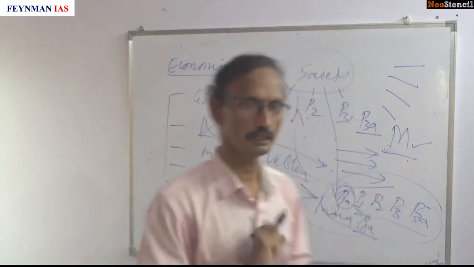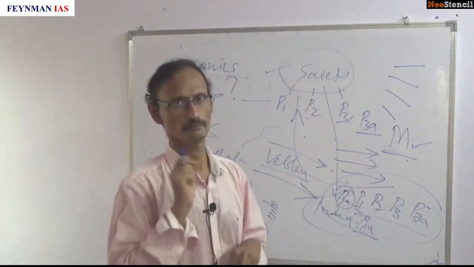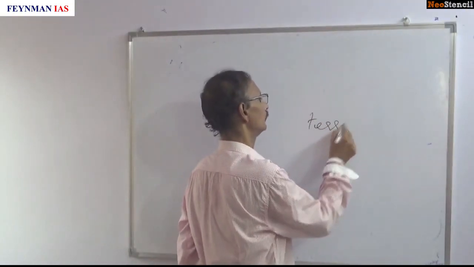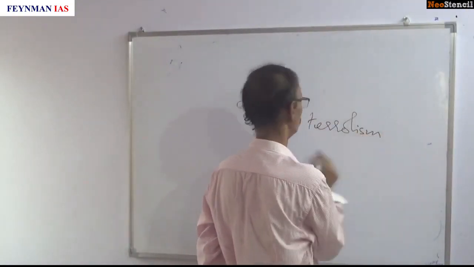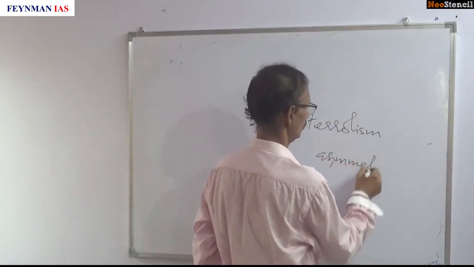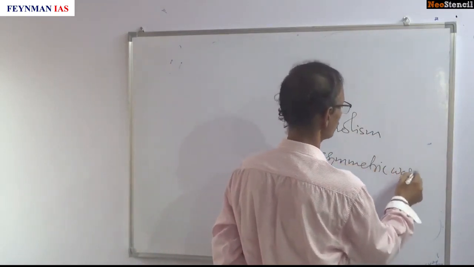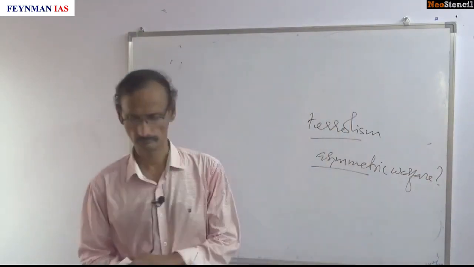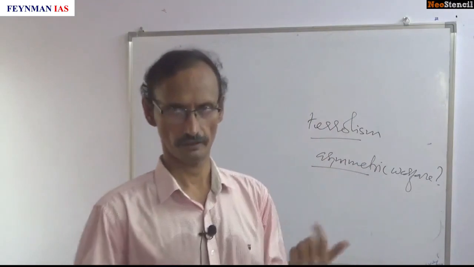Let me explain in terms of certain examples. Take this question: is terrorism an example of asymmetric warfare?